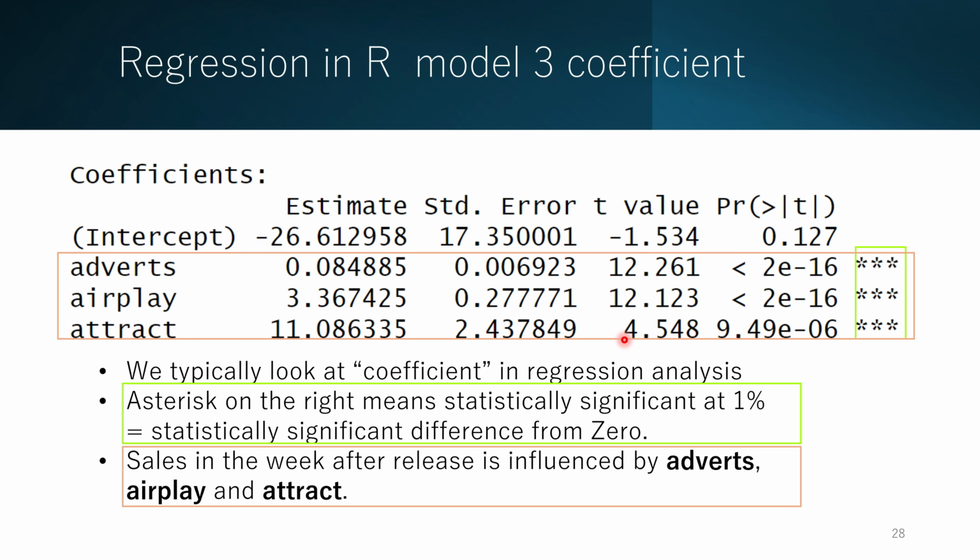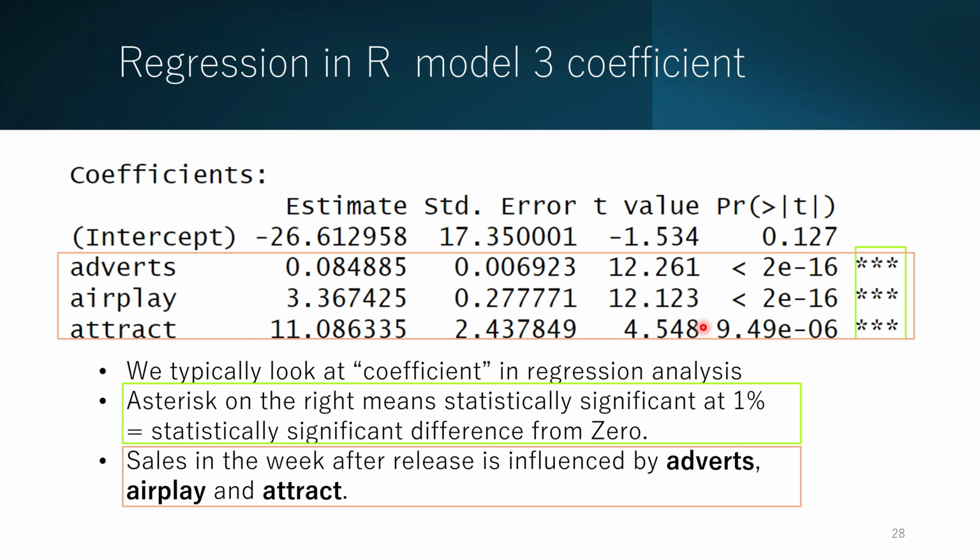And this is the coefficients table. Each row shows an estimated effect for the predictor with its standard error, t-value and p-value. The asterisks are the same. Asterisk indicates the statistical significance.